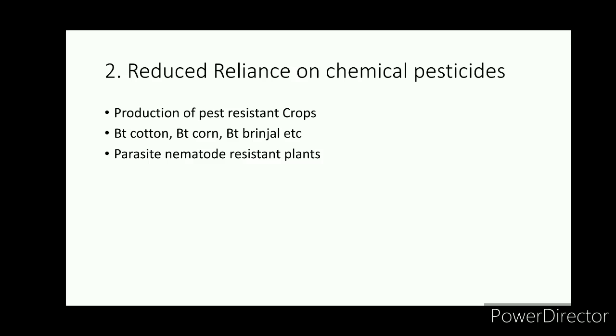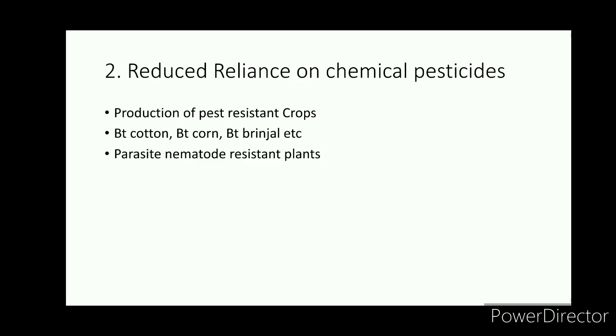From a particular bacteria some toxins are there, the genes coding for those toxins which are insecticidal in nature are isolated from that bacteria and they are inserted into the crop plants. So these crop plants develop resistance towards the insects and pests.